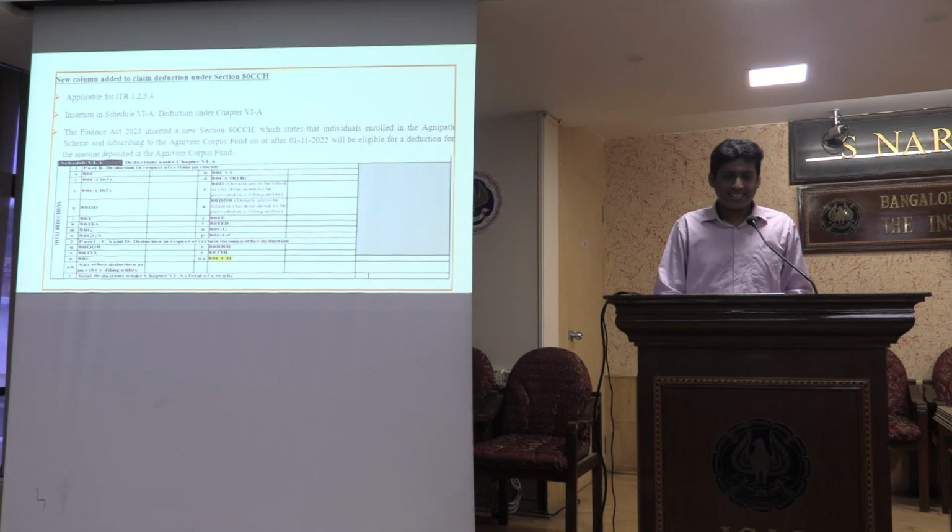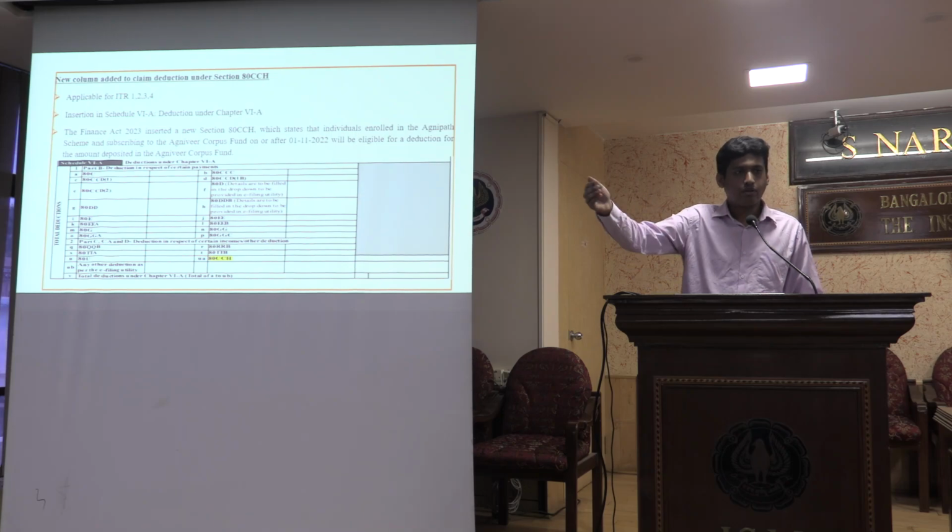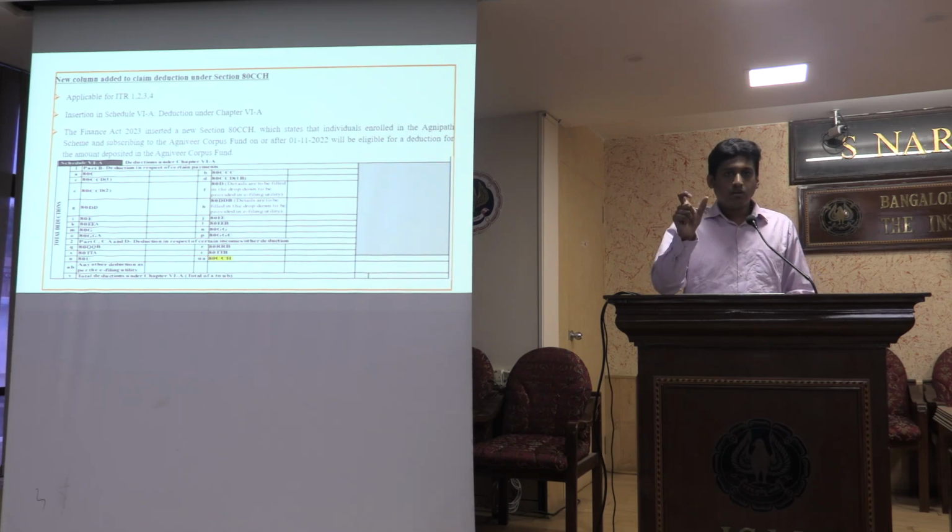A new section 80CCH was introduced for Agniveer corpus, wherein if you are enrolling for that particular scheme, a portion of your remuneration gets deducted from your salary, and that will be deposited as a corpus towards the Agniveer corpus fund.